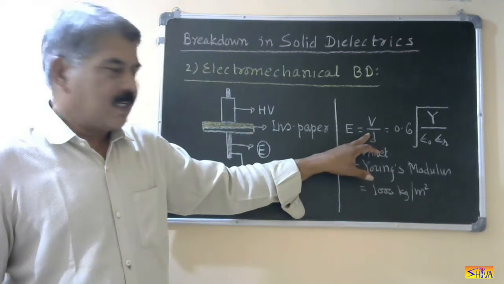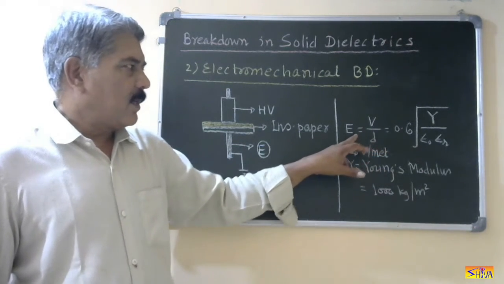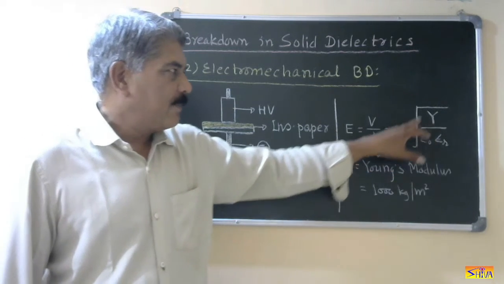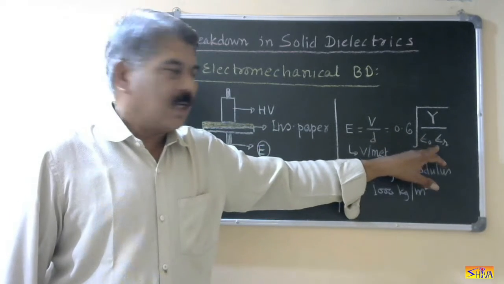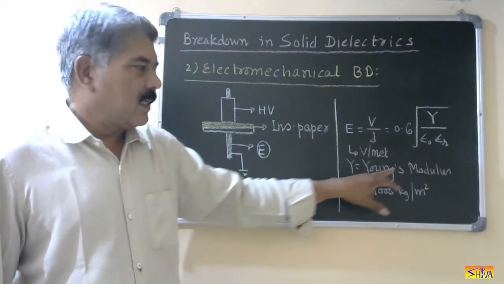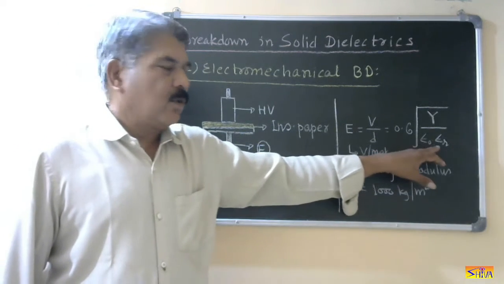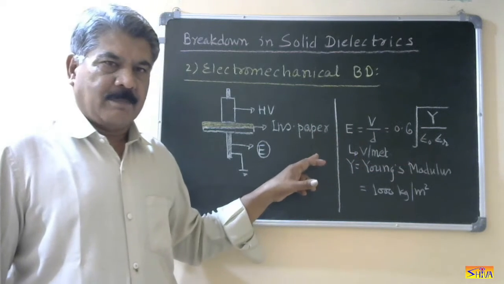V is the voltage, d is the thickness of the insulation paper, and this type of electromechanical breakdown is given by this equation: E equals 0.6 times the square root of Y upon epsilon 0 into epsilon r, where Y is Young's modulus, that is 1000 kg per meter square. Epsilon r is the relative permittivity of the insulation paper.